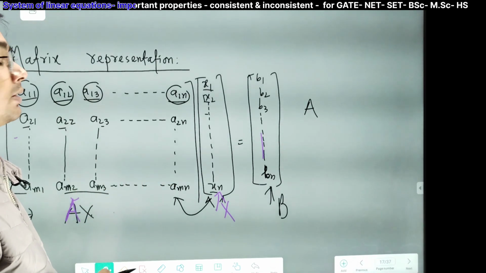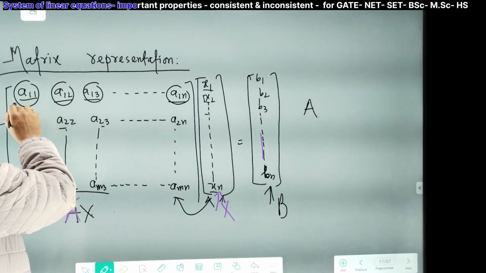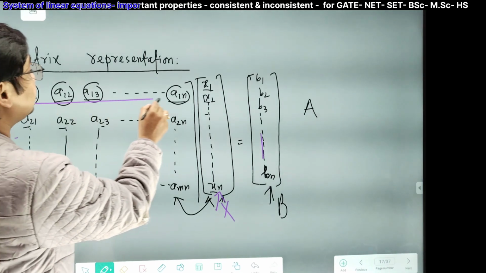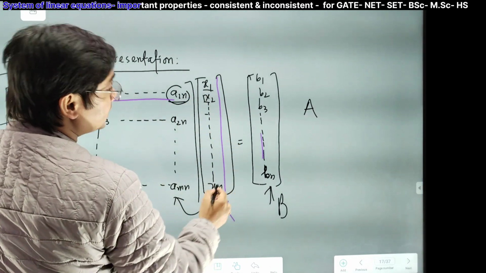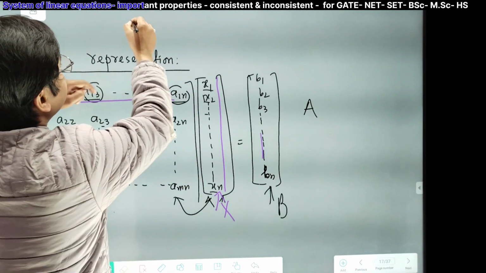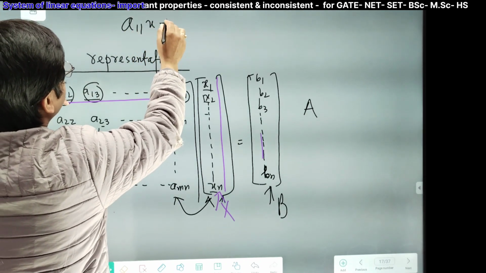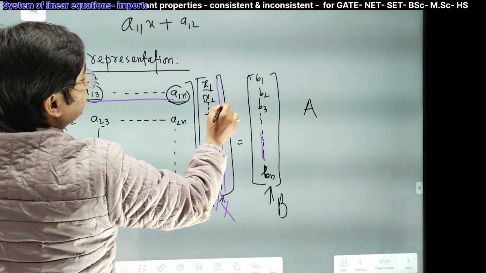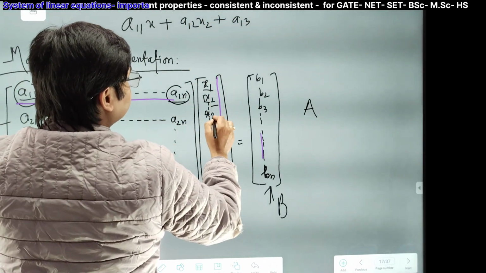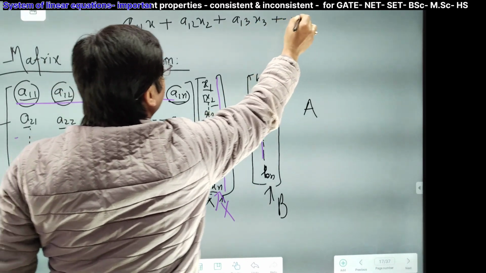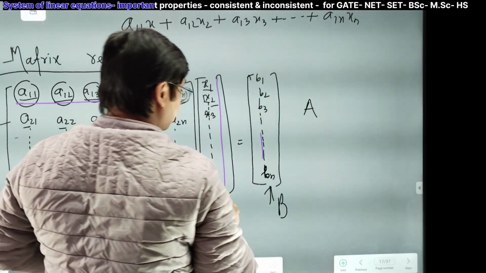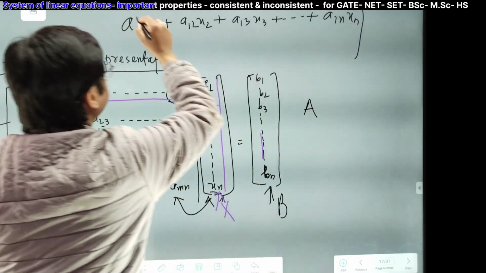If you take the product of this matrix and this matrix, then this row multiplies this column. So we get a11 times x1, then a12 times x2, then a13 times x3, and so on, and the last one is a1n times xn.